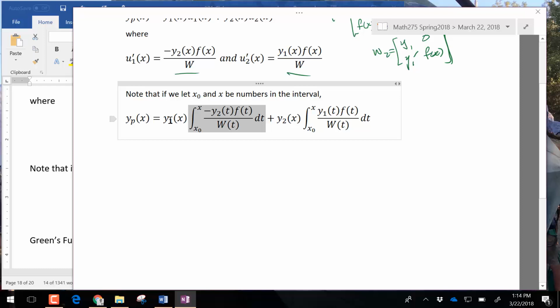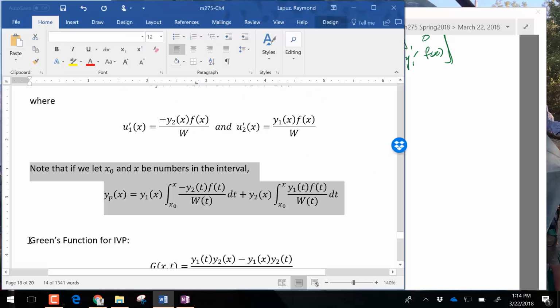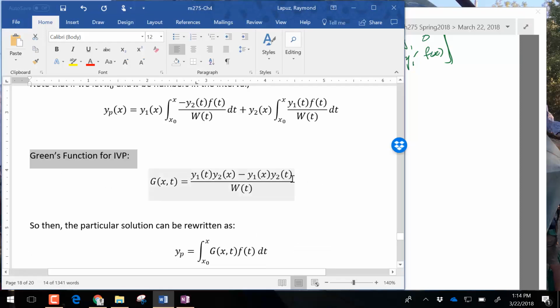So this whole expression on the right-hand side can actually be combined into one integral, keeping in mind that there's an x, and then the integral itself has a variable, the dt, the t variable, then we can put these two functions together into one function that we're going to integrate. So that's how they are going to define Green's function.